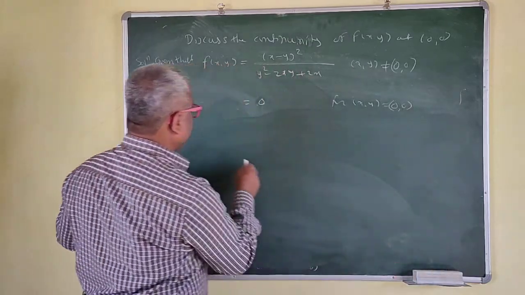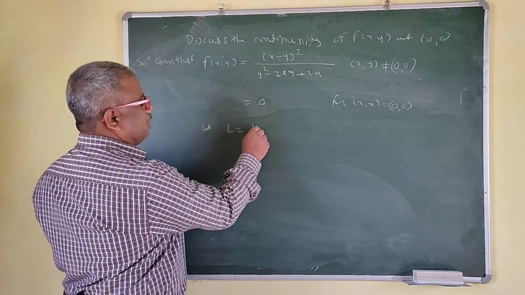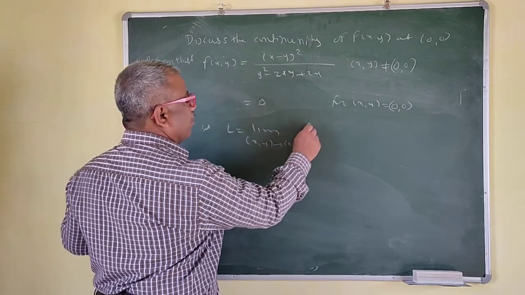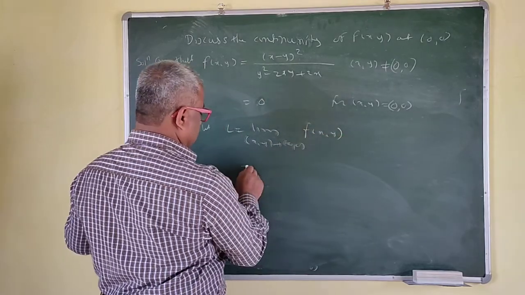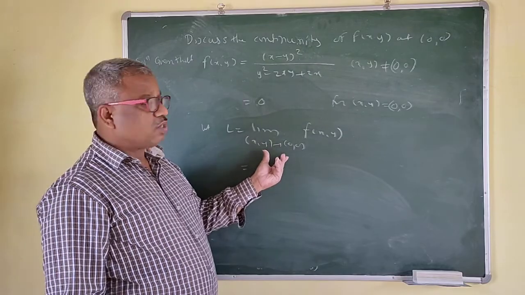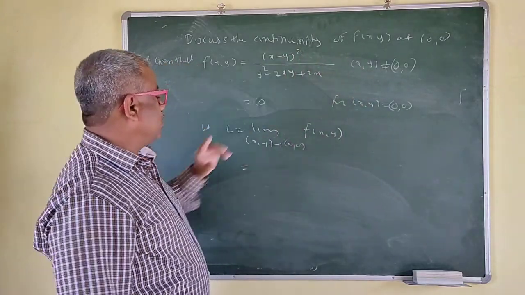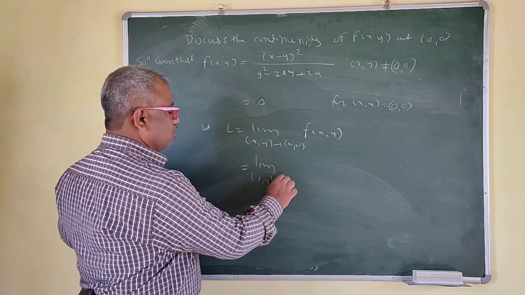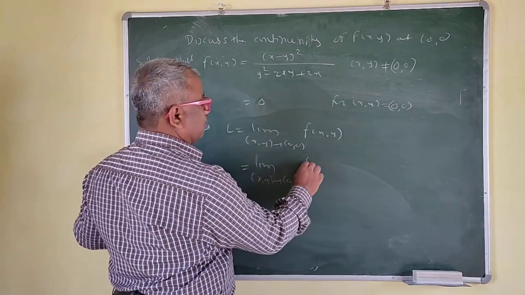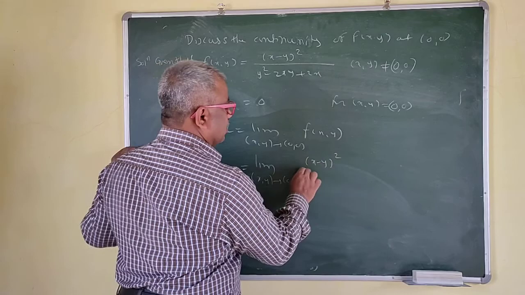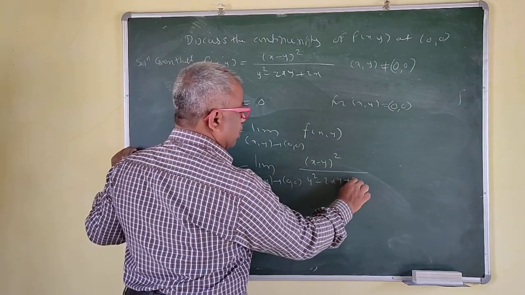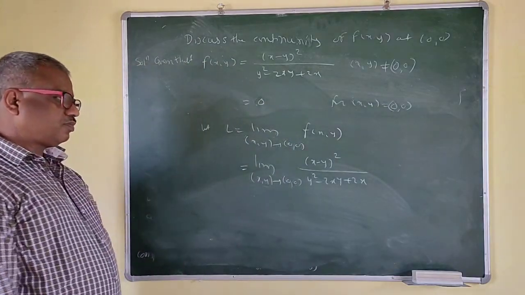Okay, so let L be the limit as (x, y) tends to (0, 0) of f of xy. (x, y) tends to (0, 0) means (x, y) is not equal to (0, 0). Take your function. Your function is this: the limit as (x, y) tends to (0, 0) of (x minus y) whole square upon y square minus 2xy plus 2x.